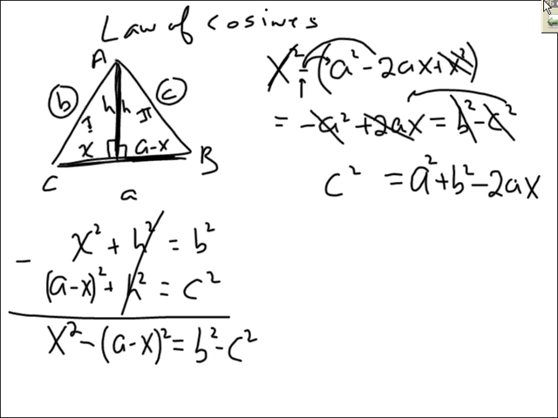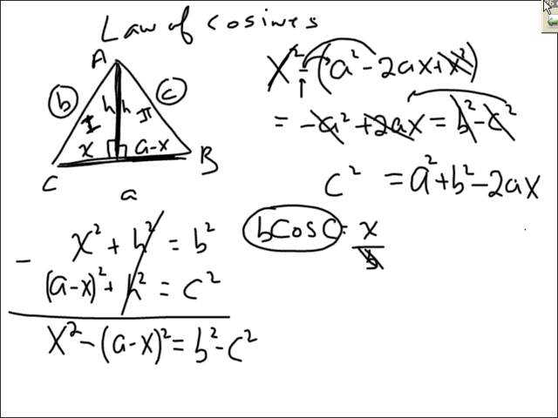I'm looking in triangle 1, the left triangle. If you compute the cosine of angle c, the cosine of c is x over the hypotenuse, b. And the b can come up here. This is another way of writing x.